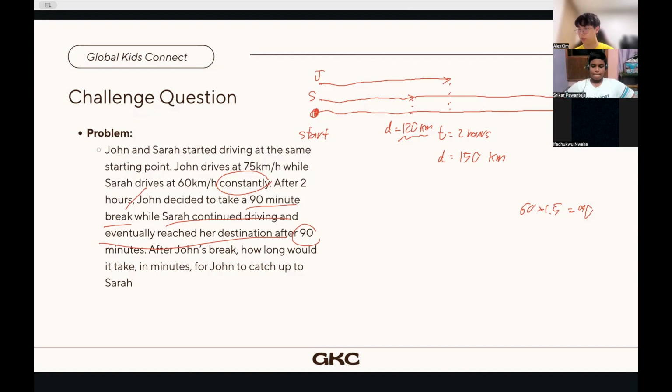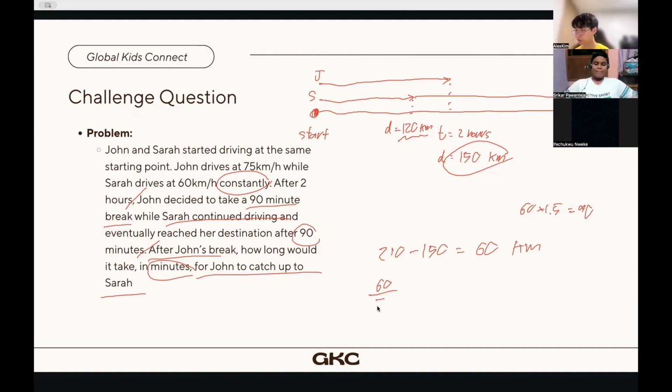Now, let's look back at the question one last time. After John's break, how long would it take in minutes for John to catch up to Sarah? Because Sarah's already at the finish point, she won't be moving anymore. So John, who is at 150 kilometers right now, would have to travel a total of 210 minus 150, an extra 60 kilometers. We divide 60 kilometers by 75 to get this many hours of traveling.